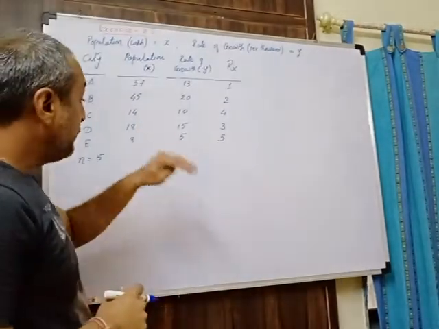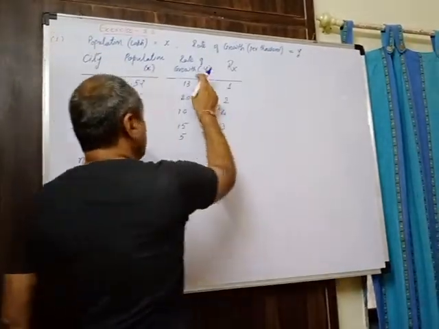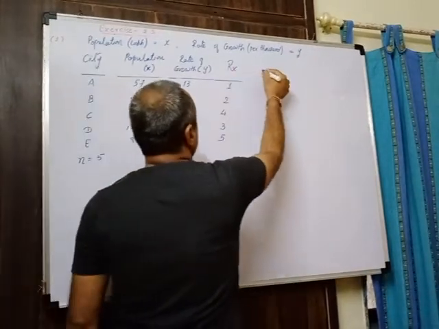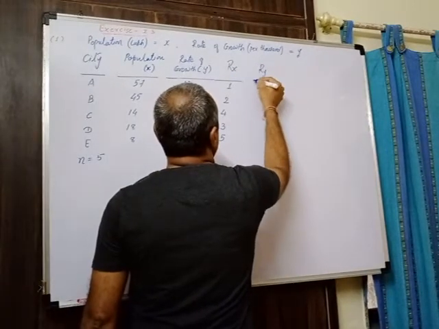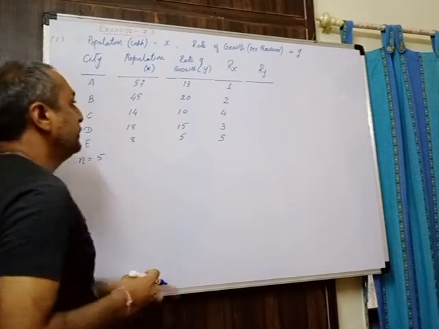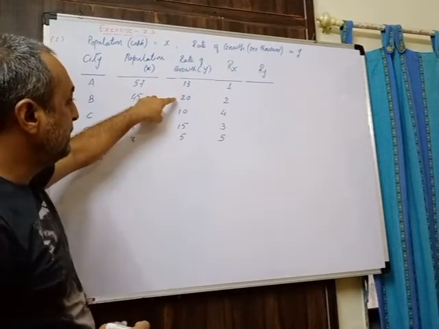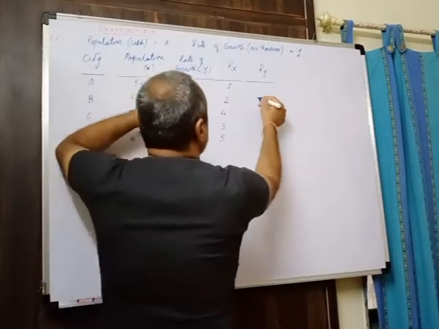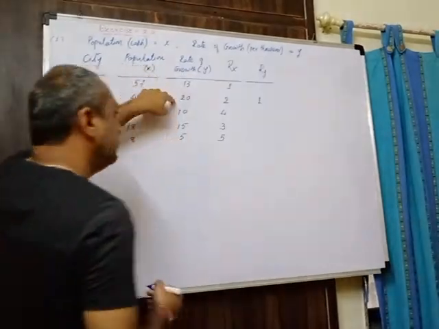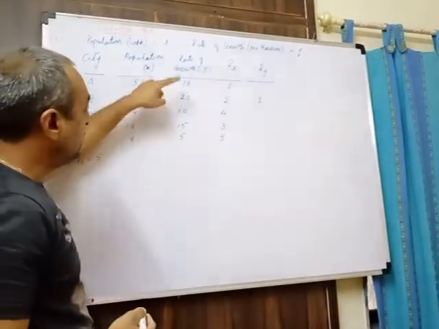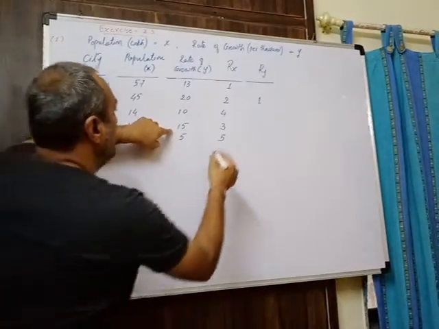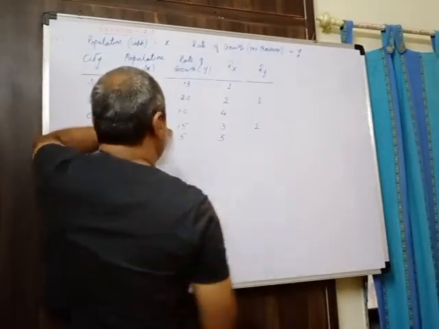Now we'll provide the ranks to the observations of variable y, denoted as Ry. In the variable y column, the highest observation is 20, which will be allotted first rank. After 20, the next highest value is 15, allotted second rank.